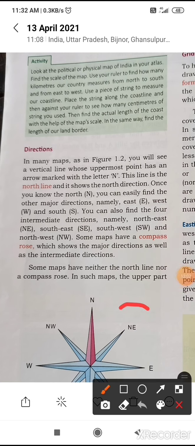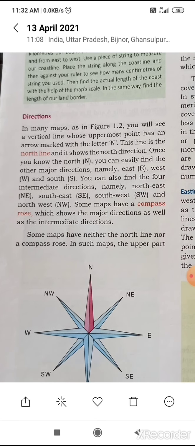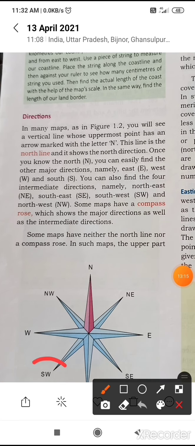Intermediate directions are the directions which come in between the 2 directions, like northeast, northwest, then southeast and southwest. So they are the intermediate directions. Okay, then if in case no direction is given, what will you do?